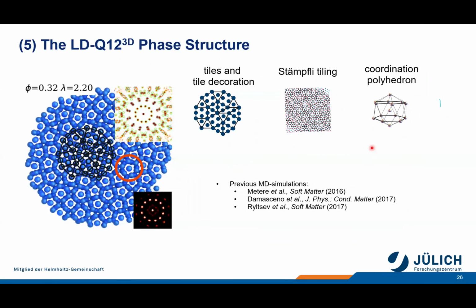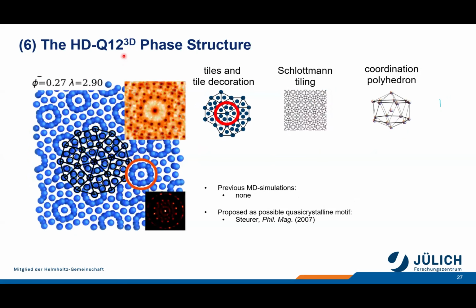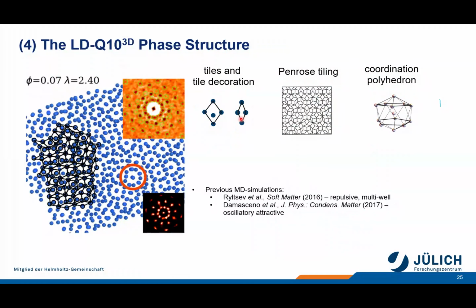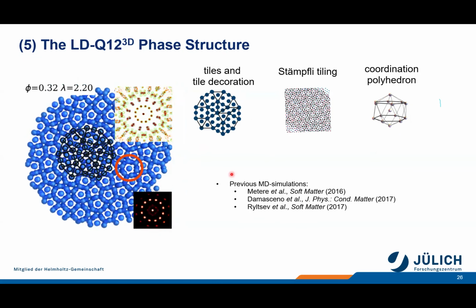This is the simulation for the 12-fold rotation symmetry. And we see here the tiling. And what we observe here is that before, if I go back, we had a 5+5 ring around a central particle in the 10-fold rotation. Here now we have a 6+6 stacking of neighboring particles.